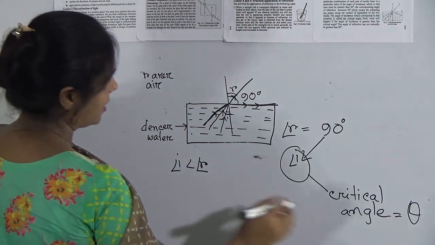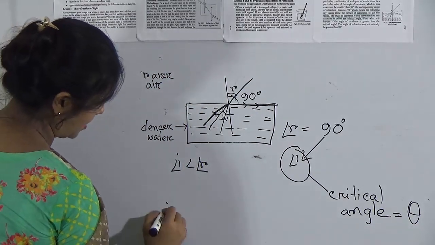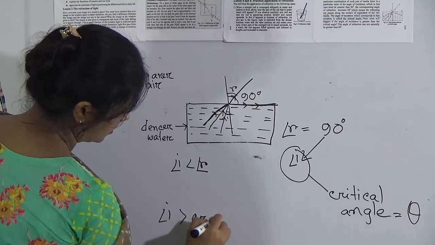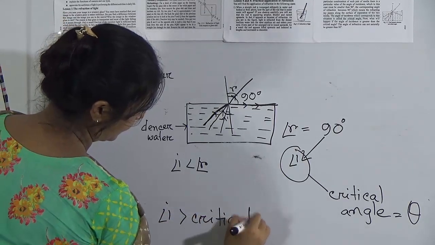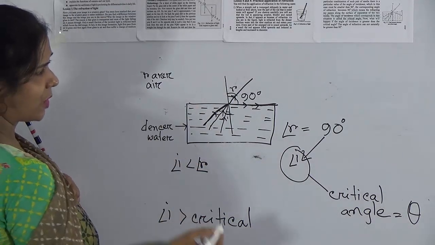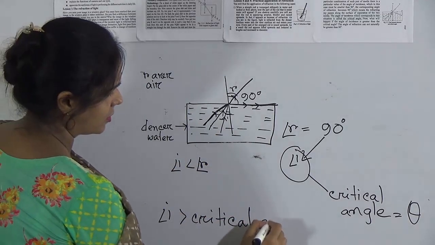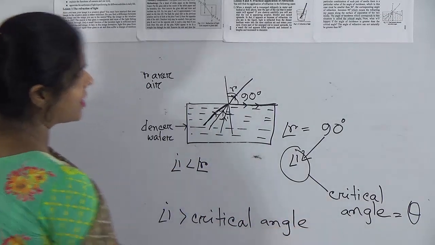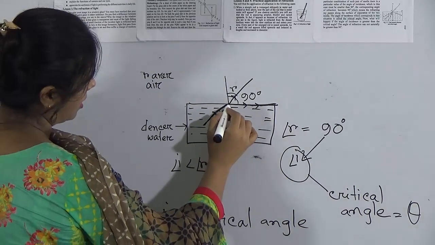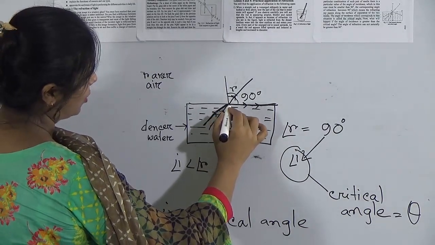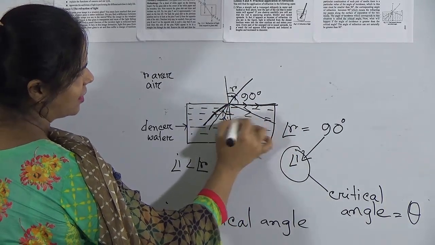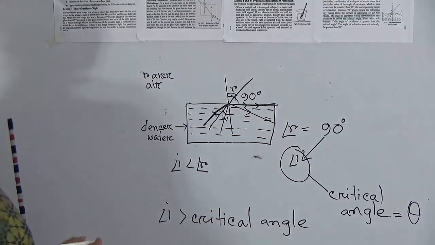If the incident angle is greater than the critical angle, R will be greater than 90 degrees. If that is greater than 90 degrees, what will happen? The light rays will not go into the other medium. They come back again into the same medium.